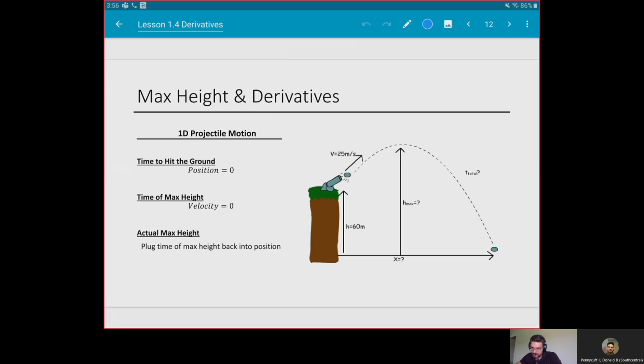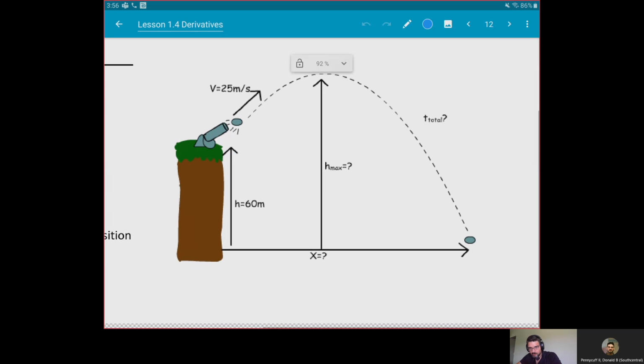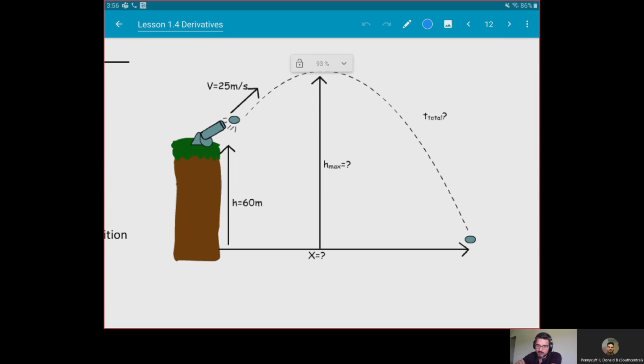All right, so let's look at physics. Now, in physics, when we're doing one-dimensional projectile motion, there are 3 spots we're trying to find. The first is the time to max height. So right up here is max height. But you can't just go and find it directly.